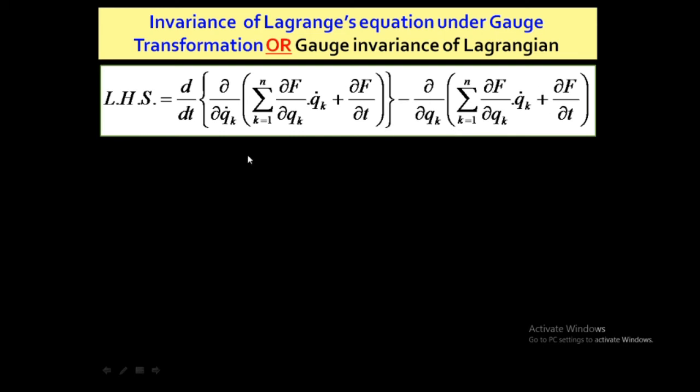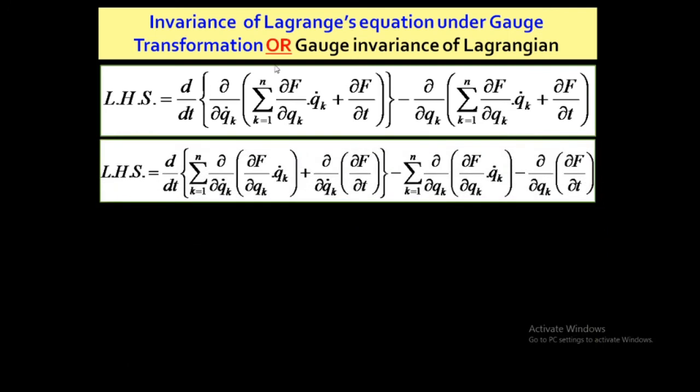In this equation I can take the summation outside, and then this derivative is associated with this term and also this term. So I can separate them. After separating, I take the summation over k equal to 1 to n outside, and the derivative del by del qk dot is with del f by del qk into qk dot, plus the same derivative with del f by del t. This term is common for both, so I am separating them.